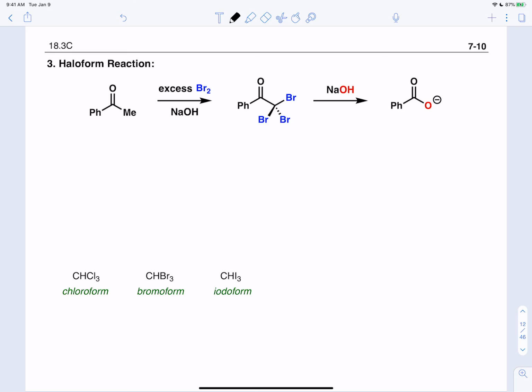So it turns out if you have more than one alpha hydrogen next to your carbonyl, these can continue to keep on reacting. So we're going to go through the same deprotonation halogenation process.